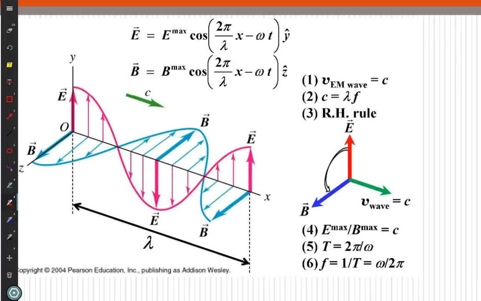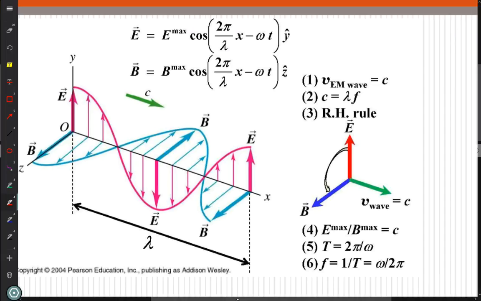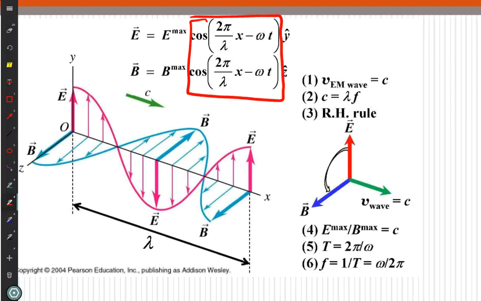Something to notice about these two equations is that the phase part is the same for both of them. The electric field and the magnetic field are oscillating in unison. So when the electric field is at its peak, the magnetic field is at its peak. When the electric field is at its minimum, the magnetic field is at its minimum, and so on.